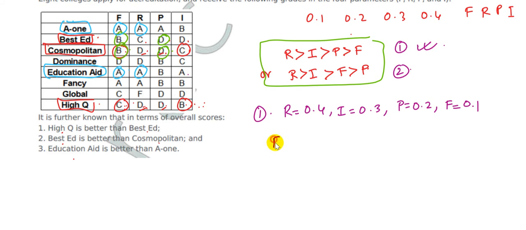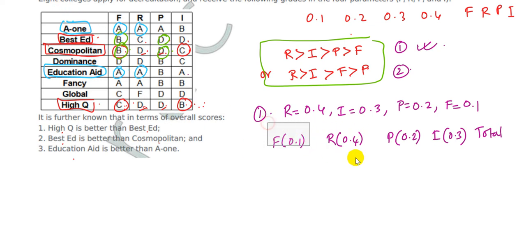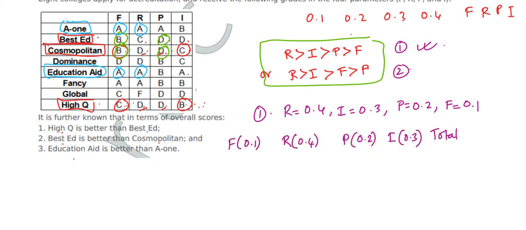So F means 0.1, R means 0.4, P means 0.2, and I means 0.3, and then you get your total score based on this, and based on that you will get the rating.